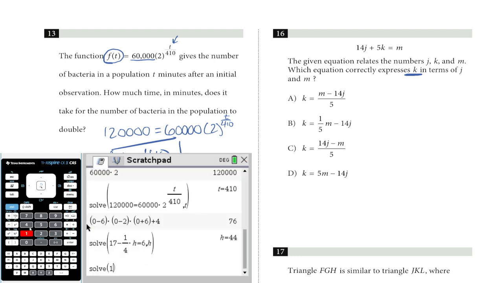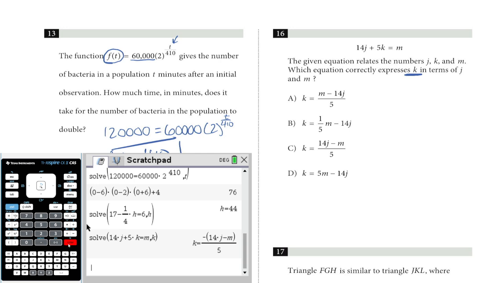We're going to try menu 3-1. These questions, sometimes you can do this, sometimes you can't. These are questions that I will admit you may need to just know how to manipulate expressions by hand. Usually when we're just trying to get one letter by itself, like here, k, so I'm going to do comma k, it will usually work.